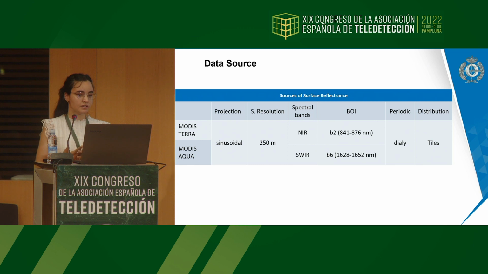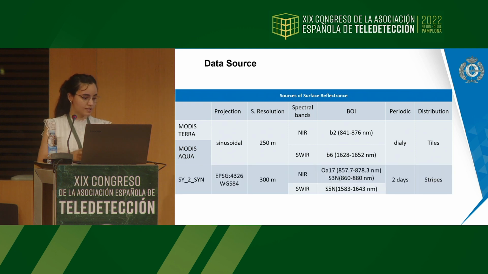So that means even if we have a daily image, it doesn't mean that we can actually use this image, and not all the pixels have a valid value. So we studied first the Terra and the Aqua sensors, and we concluded that we cannot use only these sensors to completely fulfill all the pictures provided by Terra.